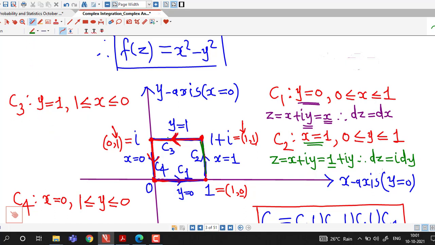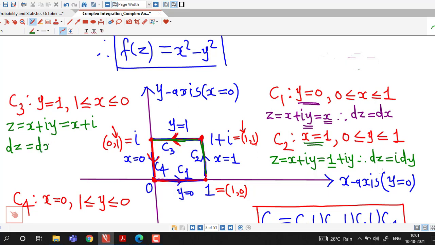Same thing for C3. Along C3 y is 1 and x is changing. So z will be equal to x plus iy. We put y equal to 1, so we have x plus i, and if we differentiate with respect to x, dz by dx will be 1.